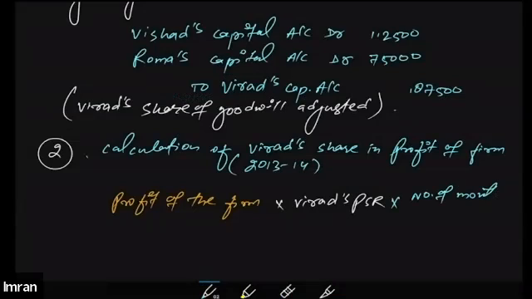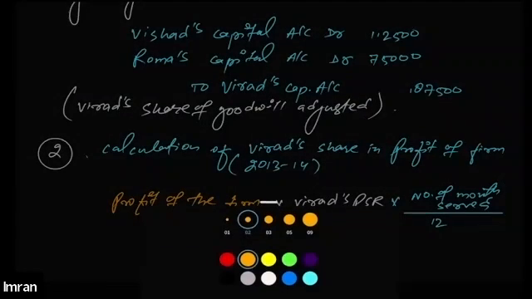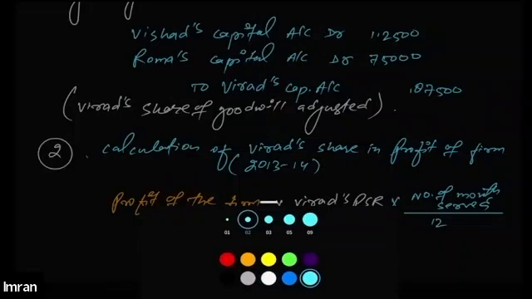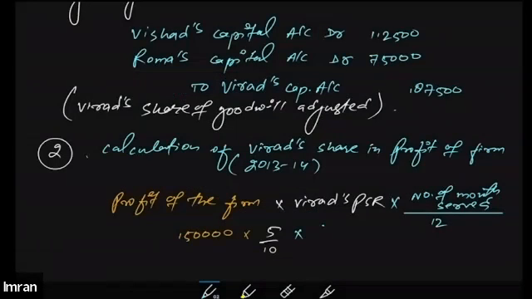Number of months served in business divided by 12 months. All right, so profit in the question is already given as 1,50,000. We will multiply it with Virat's profit sharing ratio, which is 5 by 10. And then we will multiply it with the number of months he served the business, 6 upon 12.